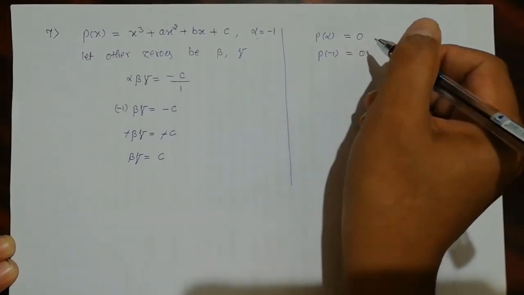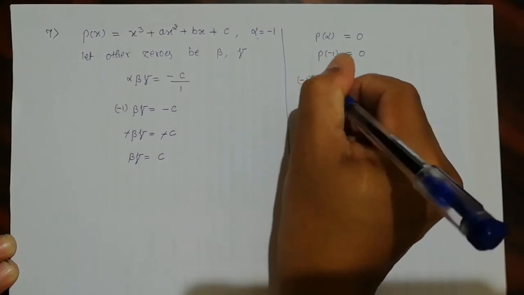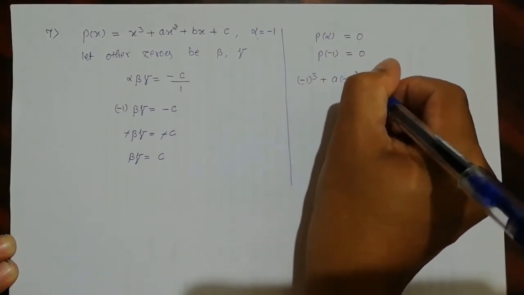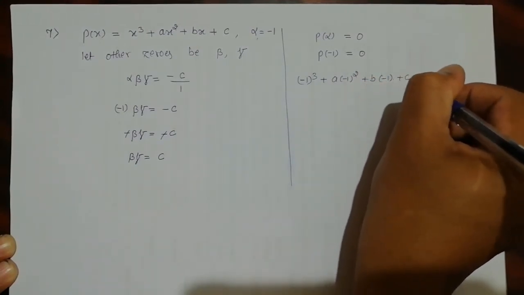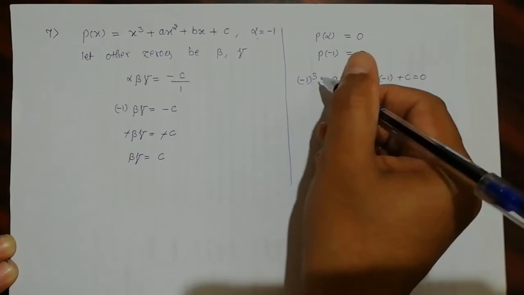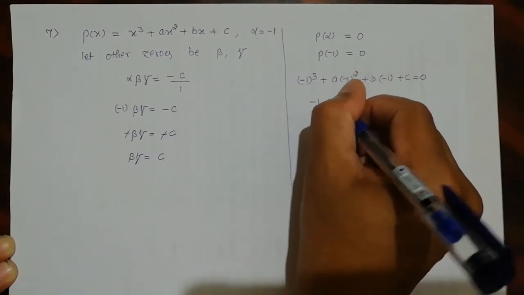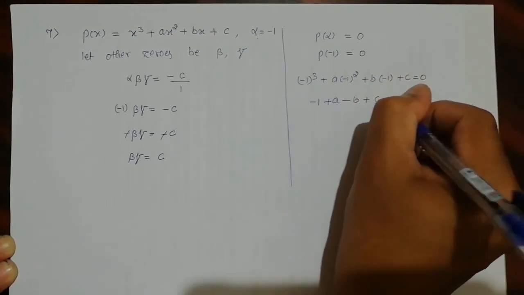Now place minus 1 in the place of x: minus 1 whole power 3 plus a into minus 1 whole power 2 plus b into minus 1 plus c is equal to 0. Minus 1 whole power 3 means minus 1, minus 1 whole square is 1, 1 into a means a, and then minus b and then plus c is equal to 0.